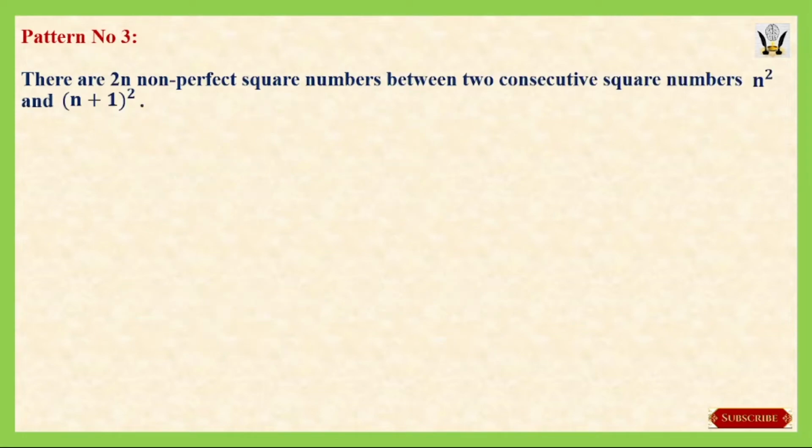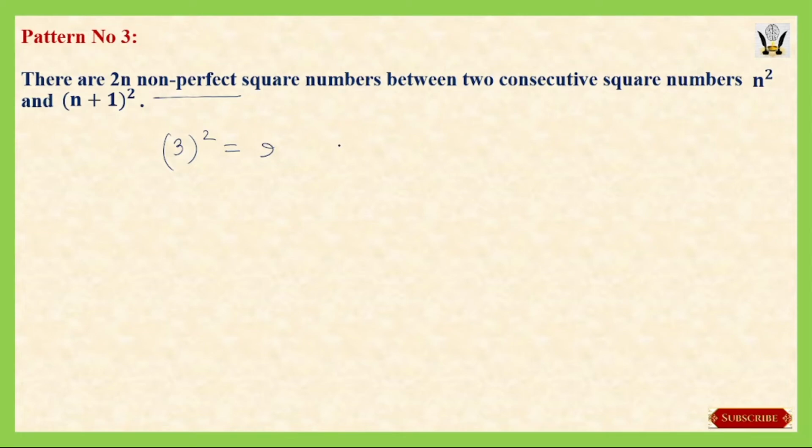Now the next pattern says that there are 2n non-perfect square numbers between two consecutive square numbers, n square and n plus 1 square. So we first have to choose two consecutive square numbers. Let's choose 3. The square of 3 is 9.